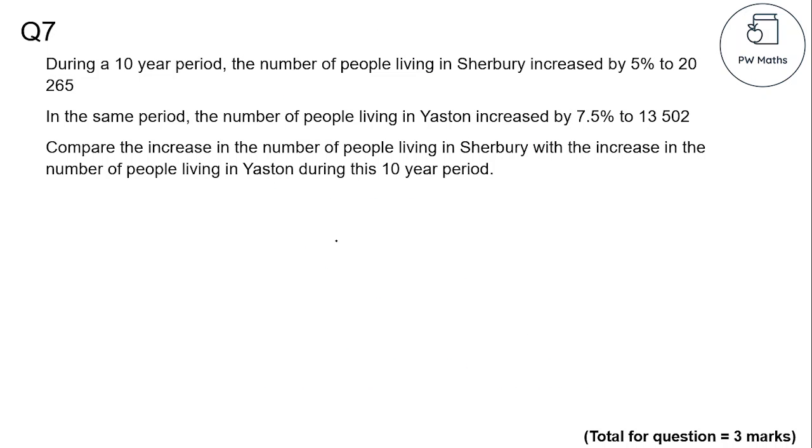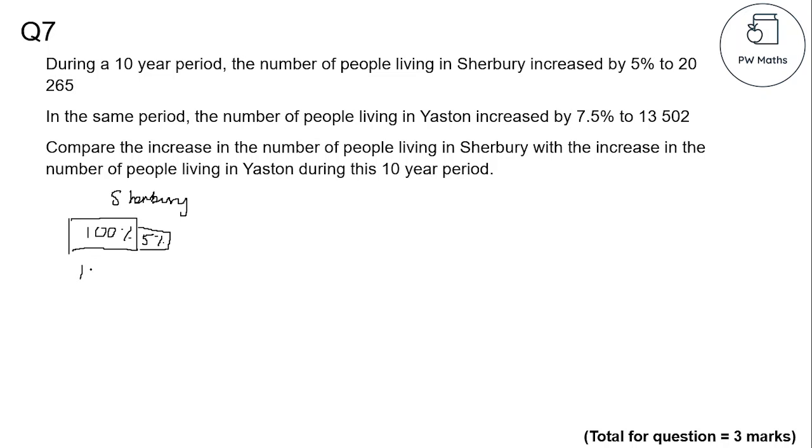A third question on percentages, but a different style. During a 10-year period, the number of people living in Sherbury increases by 5%. Whenever I've got this type of question, I always like to imagine a box with the original population in there. They are all 100% of them, and we've increased them by 5%.